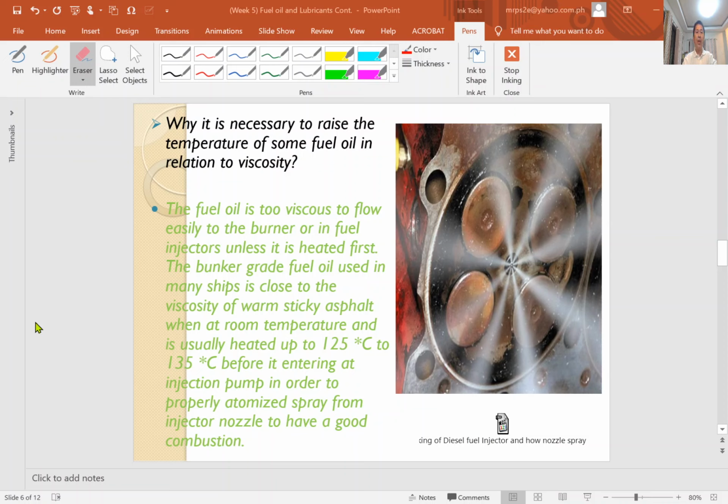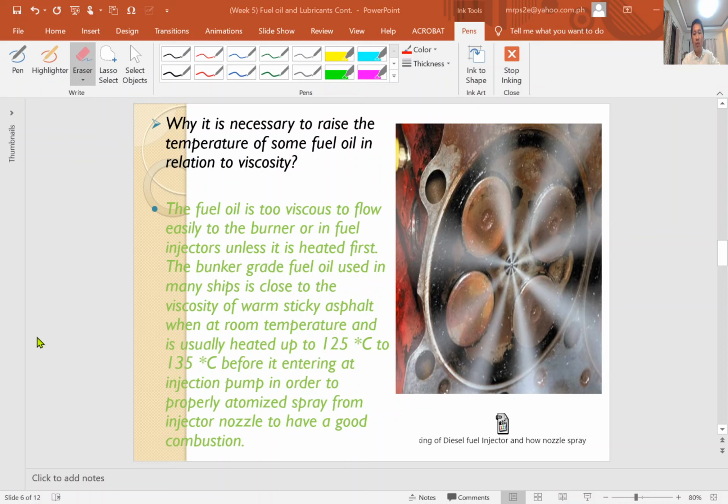So when I was relieving him as chief engineer, during the time of departure, the engine did not start. It took me 2 hours to troubleshoot, and it was found that the old injection pump rack was stuck. So all the racks of the injection pump were stuck, and could not move anymore.